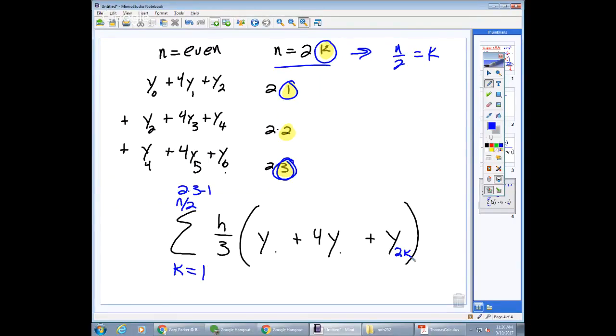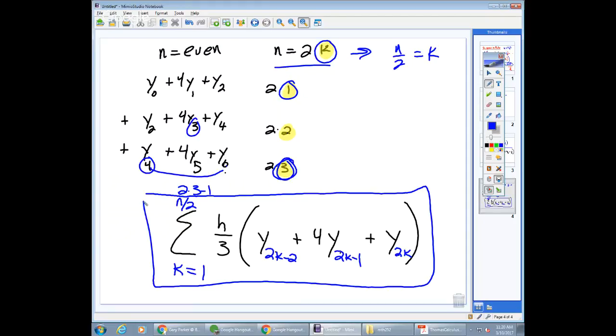Isn't the middle subscript always 1 less than that? Yeah, so that's got to be 2k minus 1. And this one is always 2 less than whatever's on that side. So that's got to be 2k minus 2. So that would be the Riemann sum version of Simpson's rule.